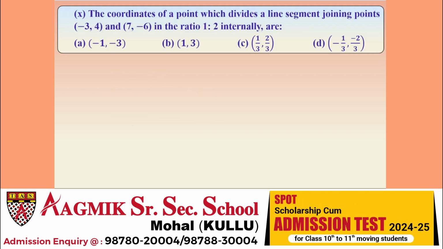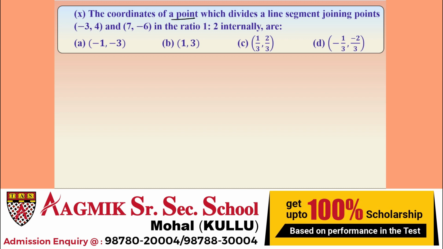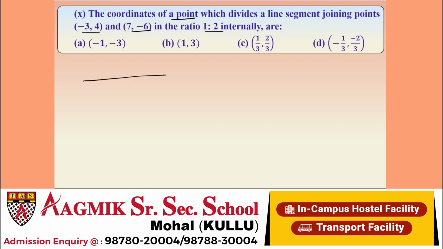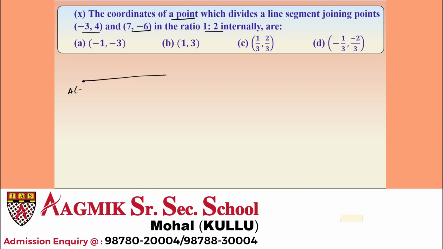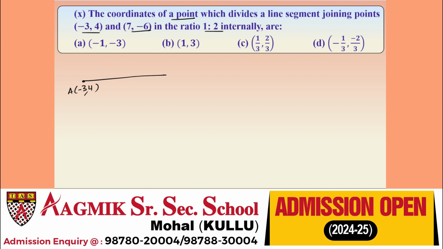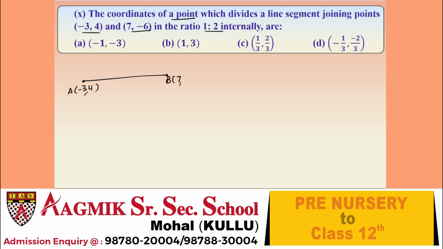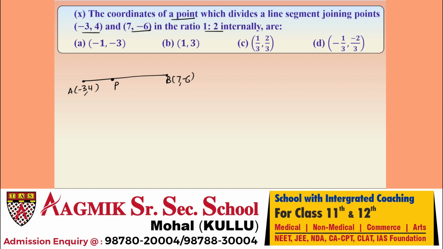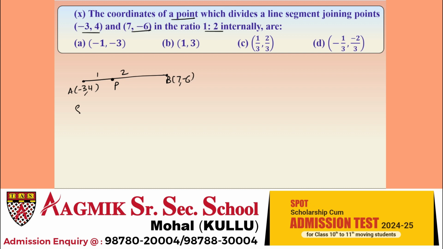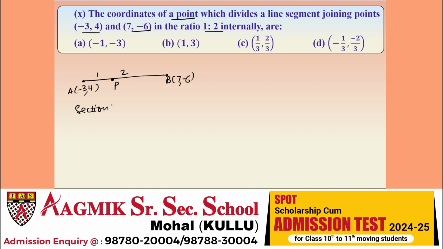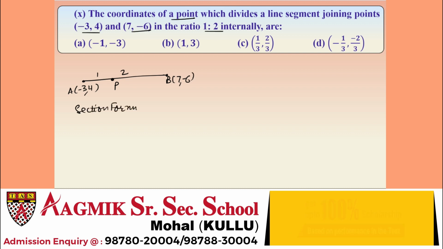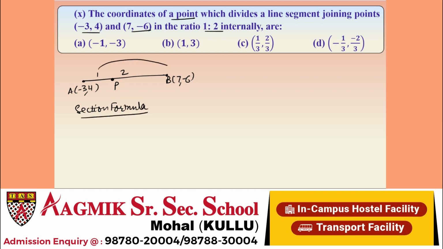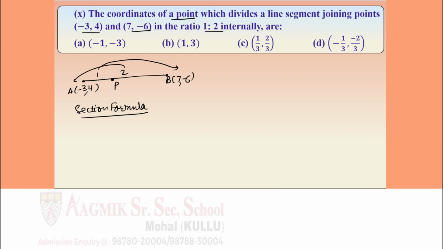10th part is the coordinates of a point which divides the line segment joining these two points in the ratio 1:2 internally. So suppose we have this line segment A with coordinates -3, 4 and B with coordinates 7, -6. So we need to find the coordinates of a point P which is dividing it internally in the ratio 1:2. So for that we will apply section formula. So if you apply section formula over here, then 1 will be multiplied on this side, 2 on this other side.